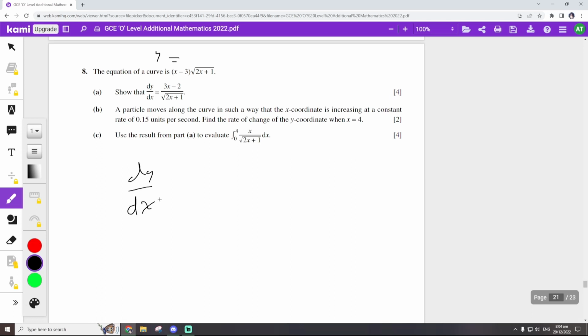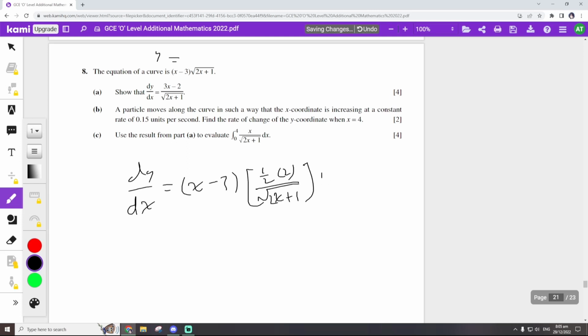dy/dx, so we use the product rule, right? So x minus 3. If I differentiate the root 2x plus 1, I'll get a half, and I'll bring down the 2x. So what I'll get is basically half root 2x plus 1. Differentiate the 2x, I'll get the 2 here.